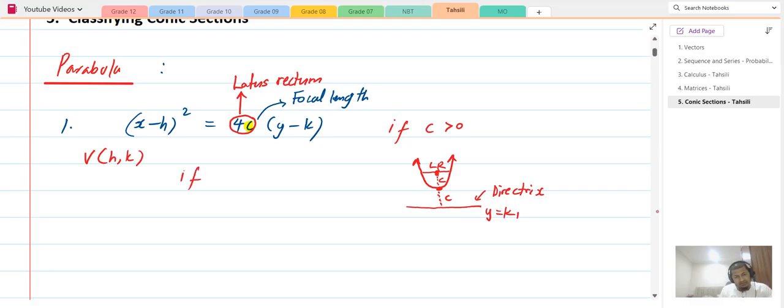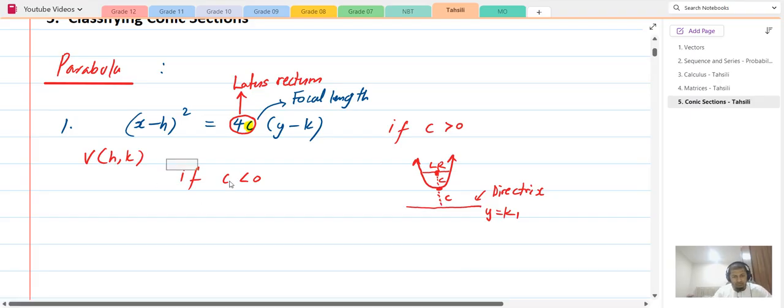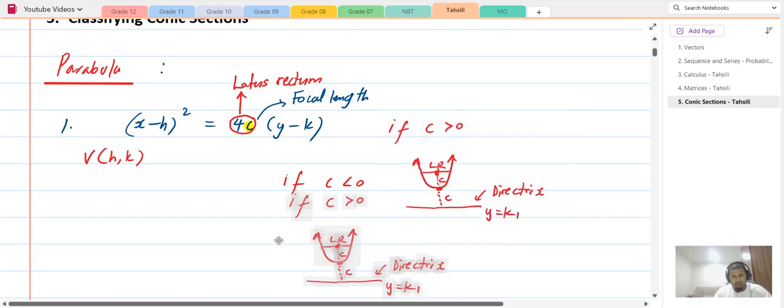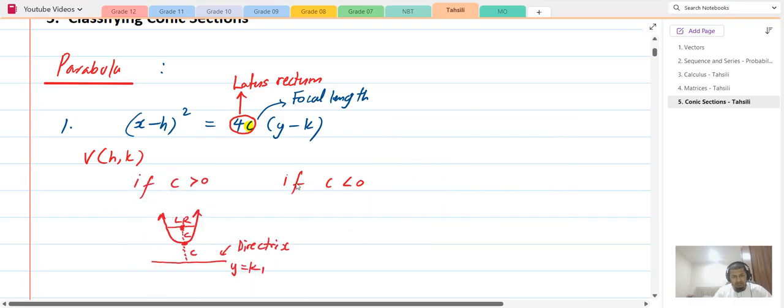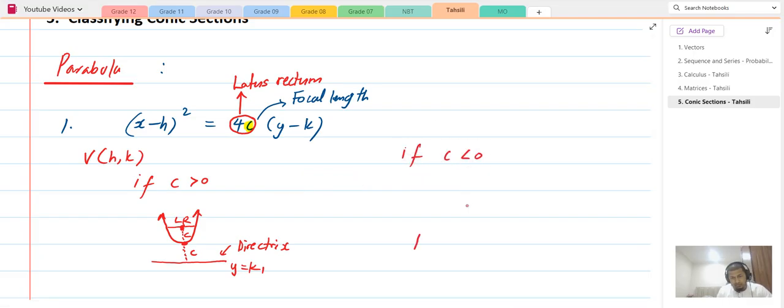Now if c is less than 0, let's move this across, all this information that we need to know. If c is greater than 0, it is positive, and if c is less than 0, we have a parabola that opens downwards. So the vertex is here, the directrix line is here.